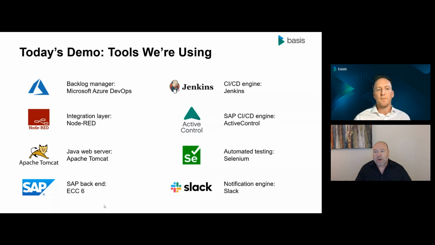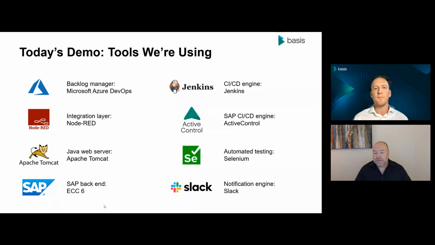Active Control, our product, is going to be the CI/CD engine for SAP, and that's where I'm going to show a lot of the SAP changes, because the audience may not be aware of that. So I'll dig in a little more detail in terms of what's actually happening on the SAP side. Of course, we're going to host the Java application within Tomcat. SAP is the backend, of course.